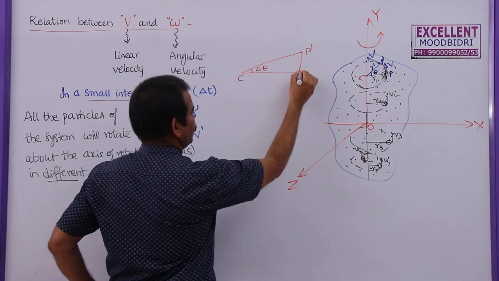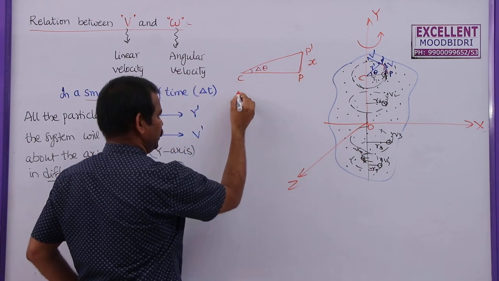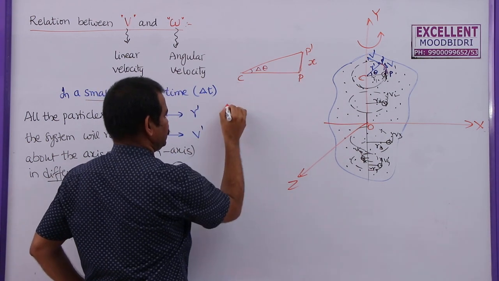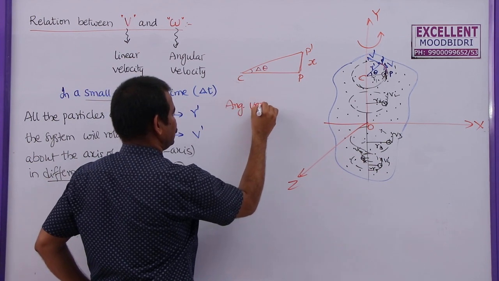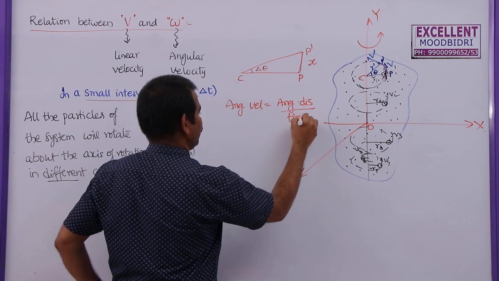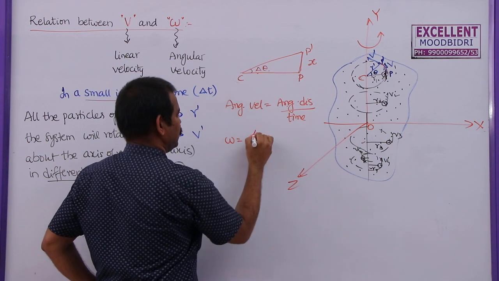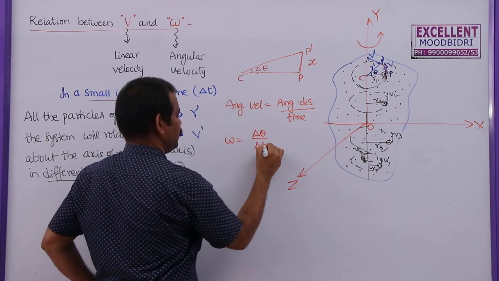So in this time, this is the displacement. Let me take it as x. So what is this angular velocity? The angular velocity is given by angular displacement by time. Omega is equal to, what is angular displacement? Delta theta by delta t.